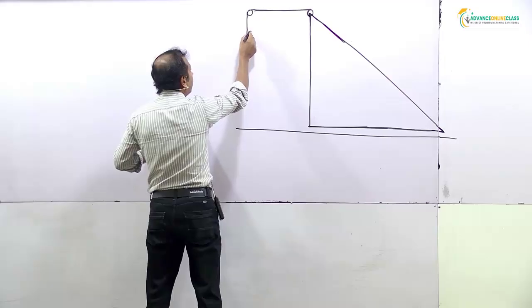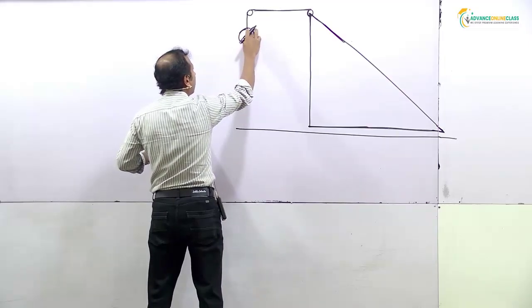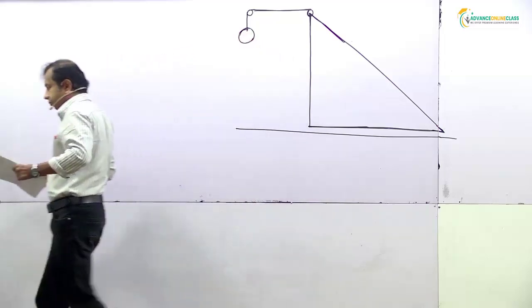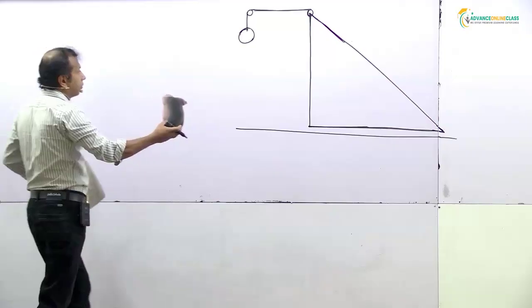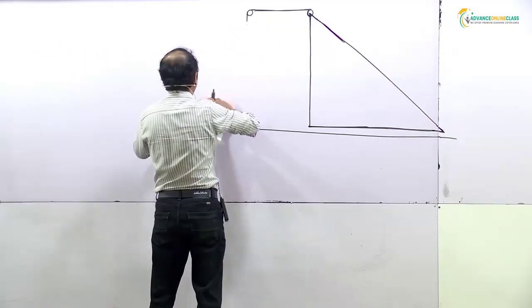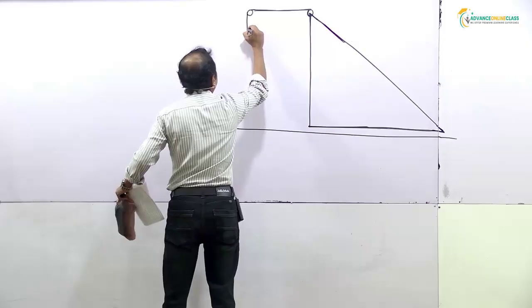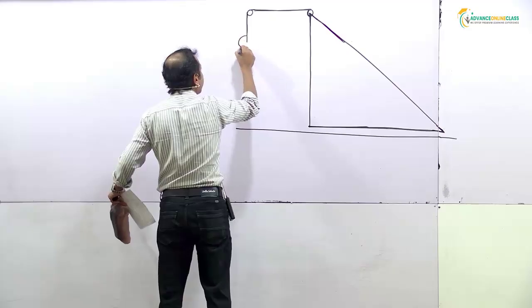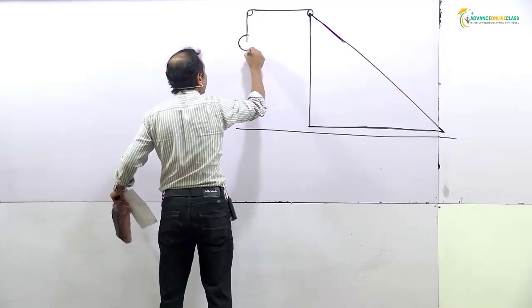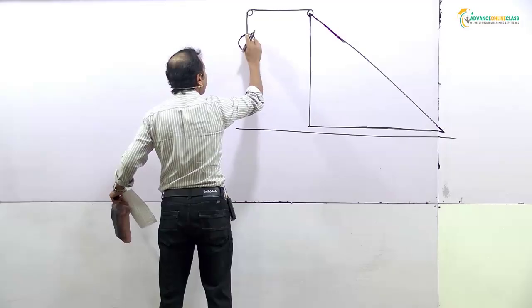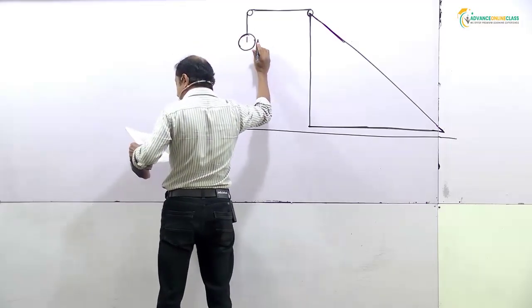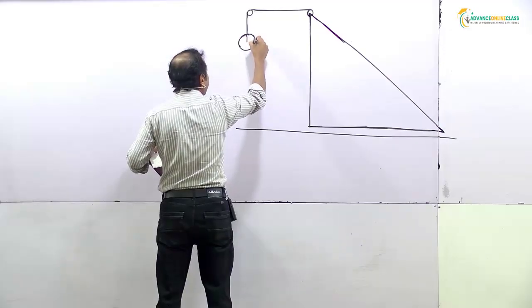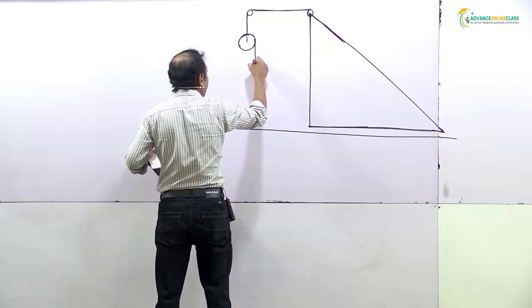Here we have another movable pulley. Right. Over this pulley, another string is passing like this.